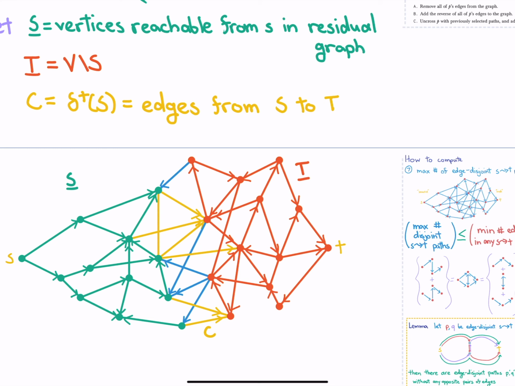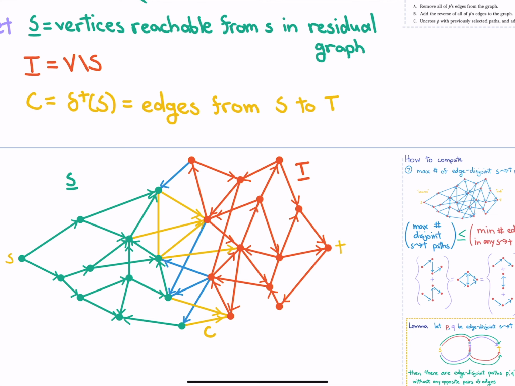This is the input graph, and maybe the green represents the vertices that the source can reach at the end, in the final residual graph. And then orange represents everything else. And what I've done is highlight in yellow, from the input graph, the set of edges leaving the green. So that's a cut separating S from T, that at the end of the algorithm is completely depleted, in a sense.